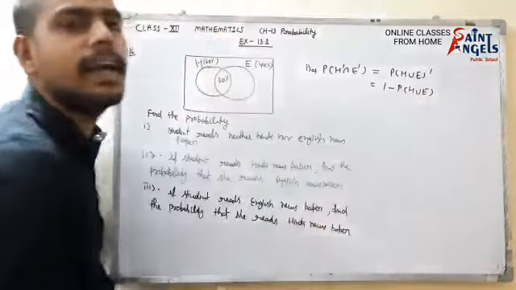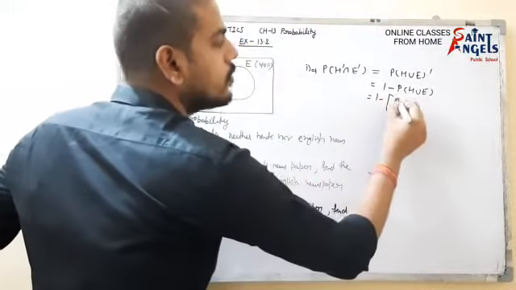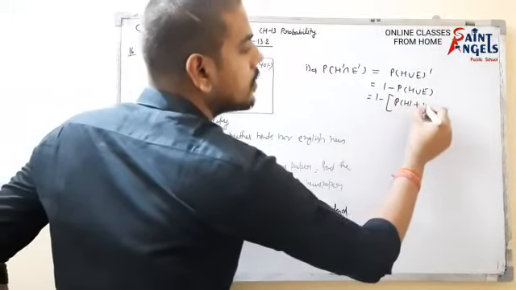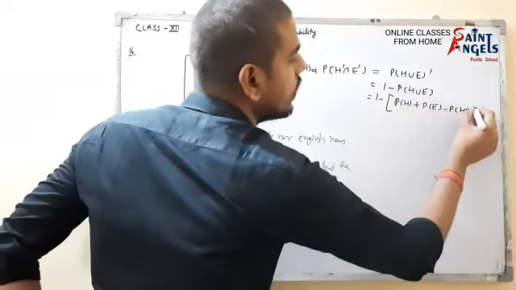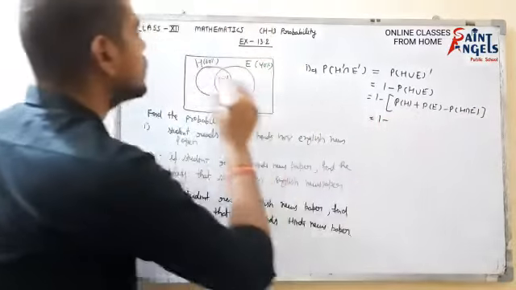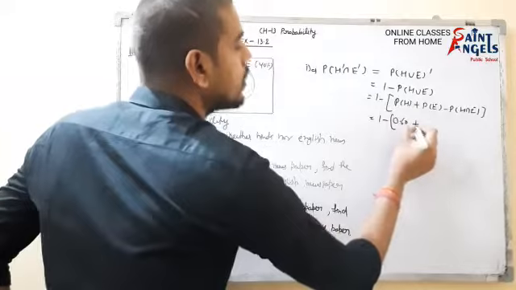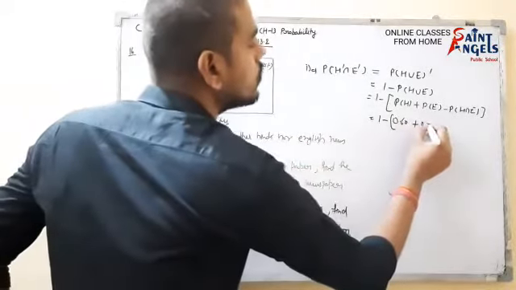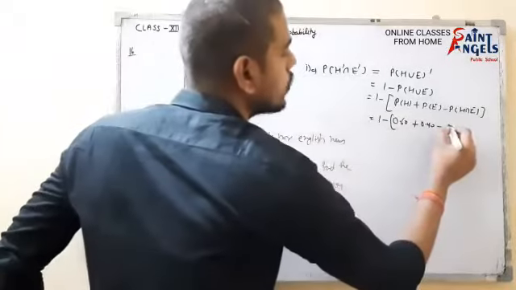And we can easily find P(H union E) because we know the formula that P(H union E) is equal to P(H) plus P(E) minus P(H intersection E), and we have all the probabilities. So 1 minus, P(H) is 60%, 0.60, plus P(E) is 0.40, minus P(H intersection E), that is 0.20.